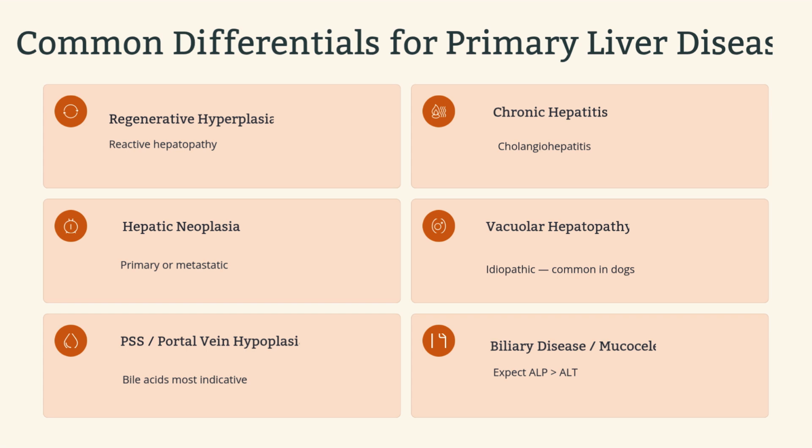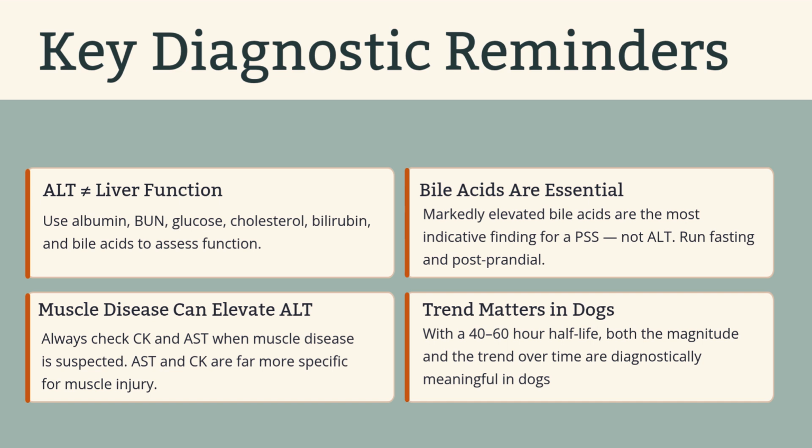So the takeaway from this algorithm is that you want to do a stepwise approach, and that will help you evaluate your patient more efficiently. And you won't necessarily have to over-investigate every incidental finding of an ALT elevation. Keep in mind, ALT is a leakage enzyme. So in summary, it tells you injury is happening, but not how bad the underlying disease is.